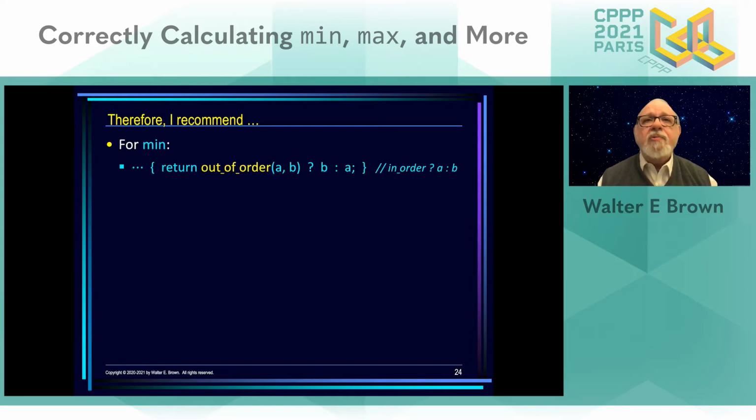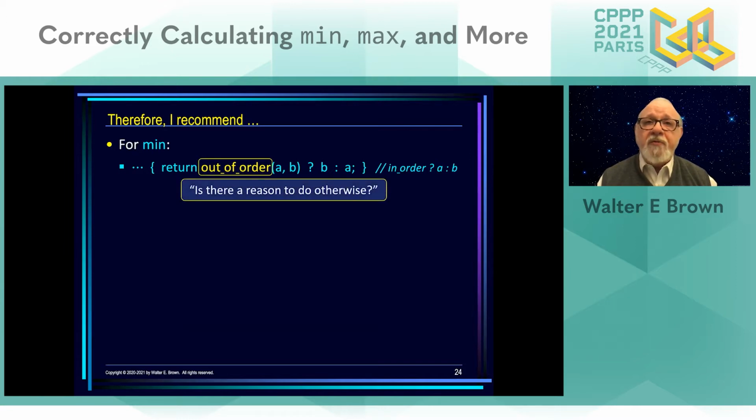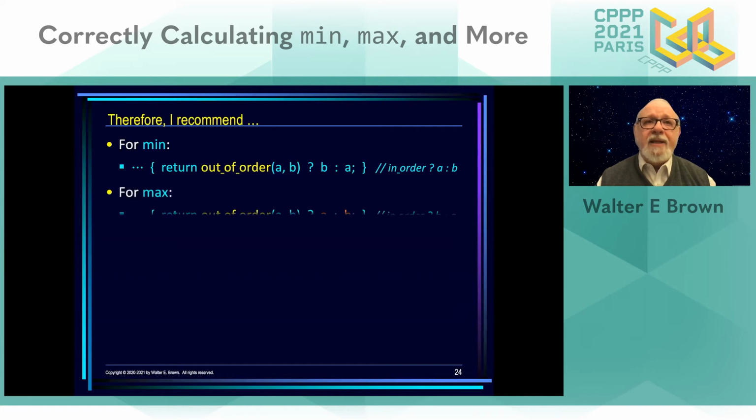And if they are, return A, otherwise return B. But I prefer the formulation that says, is there a reason to do otherwise? Remember, min should always prefer to return A unless there's a reason. So is there a reason to do otherwise? If so, return B. Otherwise, by default, we return A. And of course, analogously for max, when A and B are out of order, we return A. Otherwise, we prefer to return B.